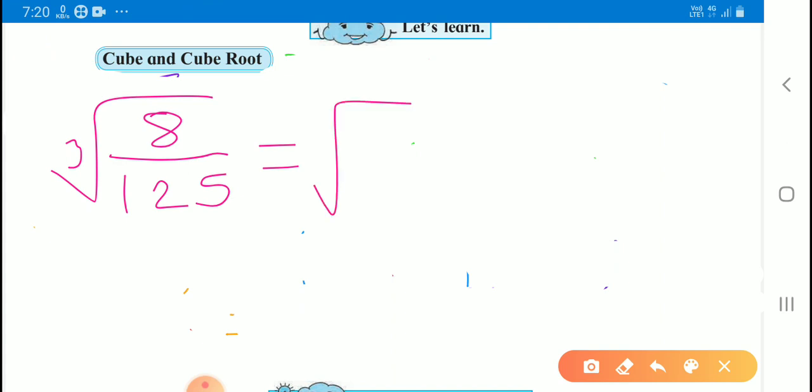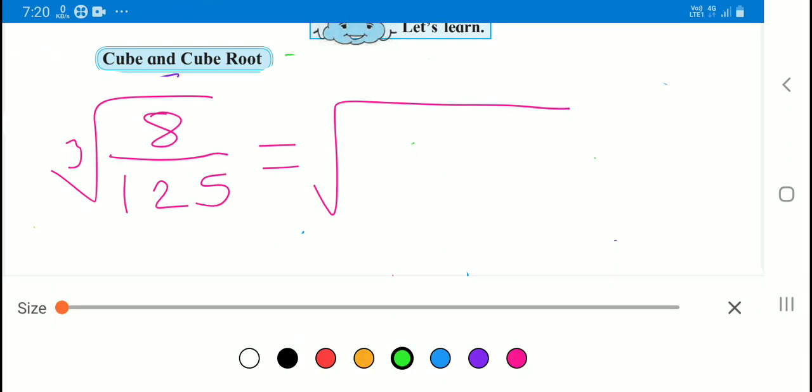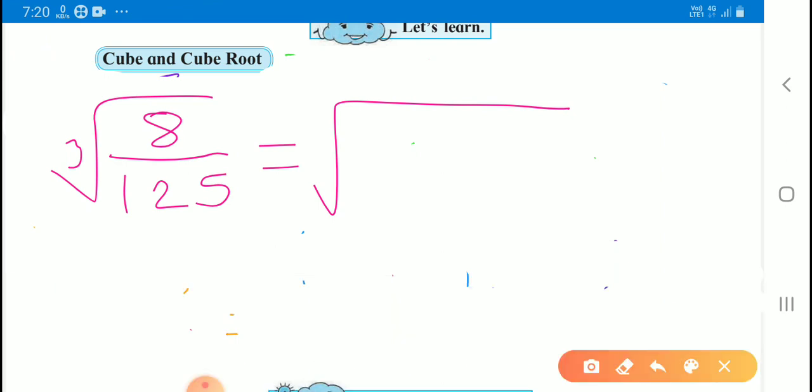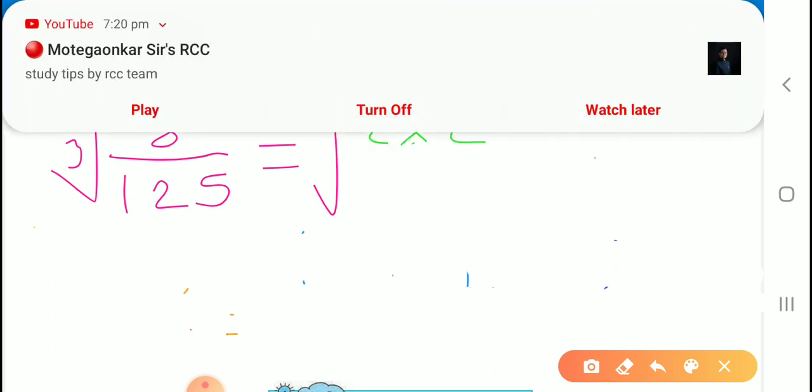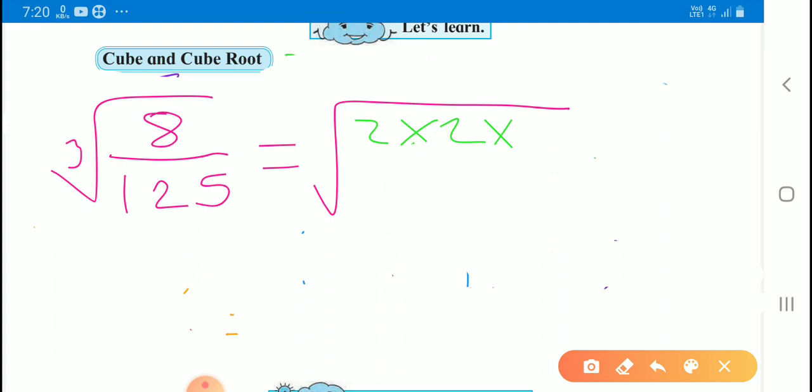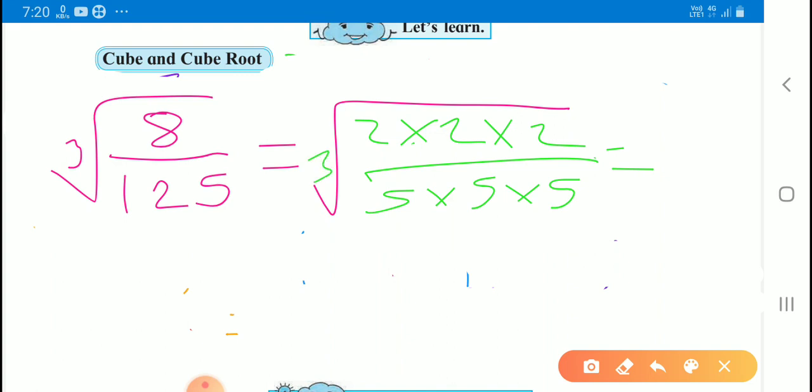Do you know 8 is the cube of which number? 8 is the cube of 2. So here factors of 8 you can write as 2 into 2 into 2, and 125 is the cube of 5. So 5 into 5 into 5 is equal to, here cube you have to write.